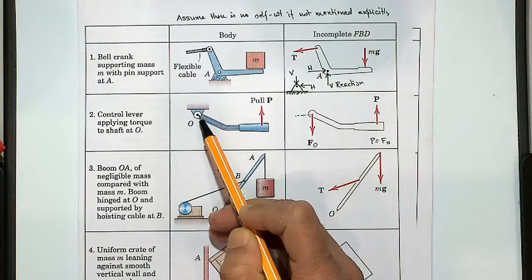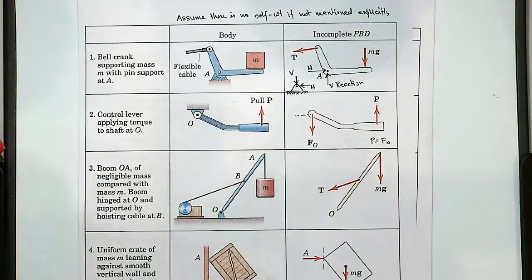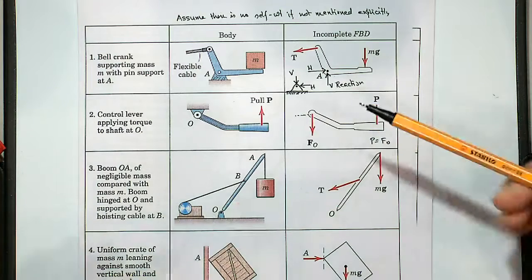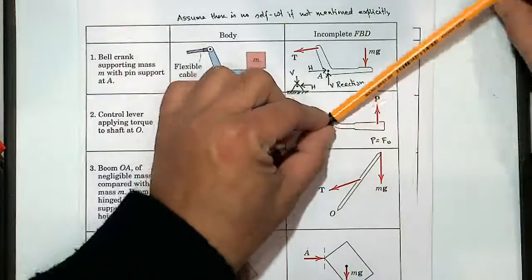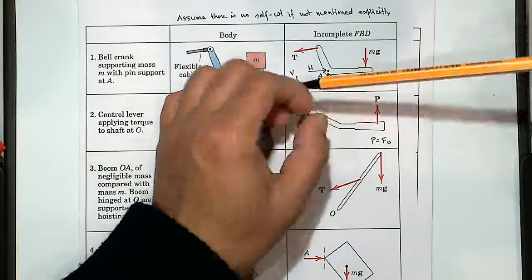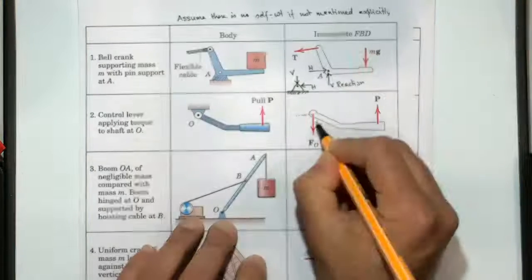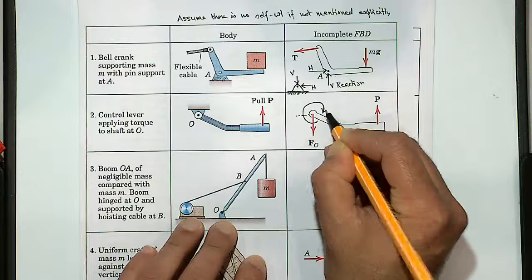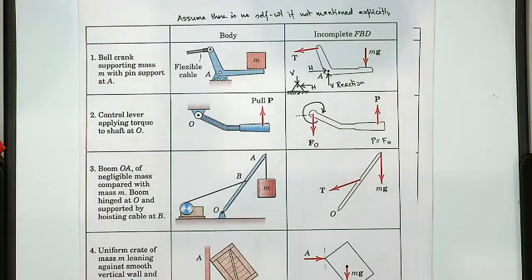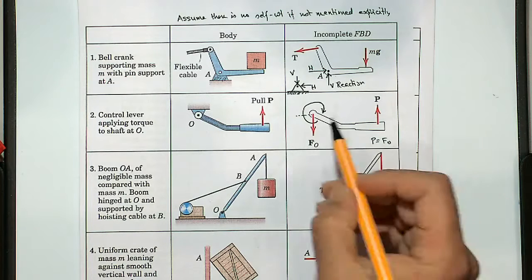So the pin there must be providing, as you said, through friction or other means, some resistance to the rotation. If you consider this is the pin, the forces would try to rotate it in the anti-clockwise direction. So the friction or some other means must put a resisting force, a resisting moment, in the opposite direction.